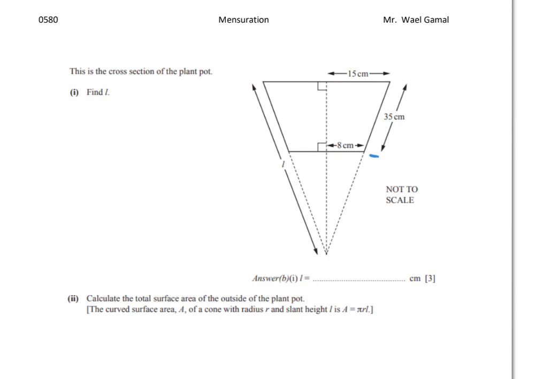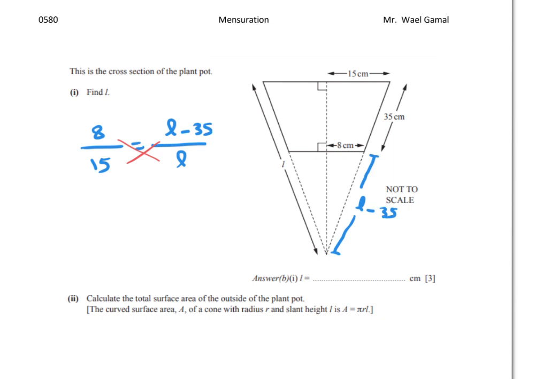So from similarity, 8 over 15 equals this side over the whole one, so equals L minus 35 over L.